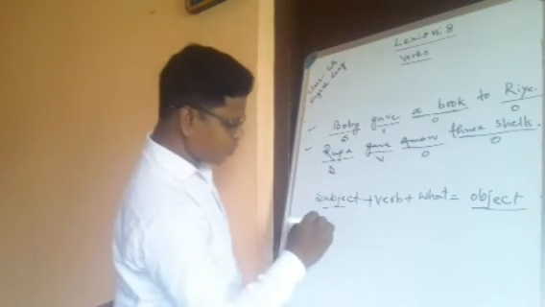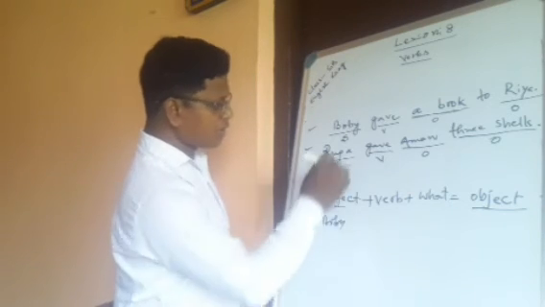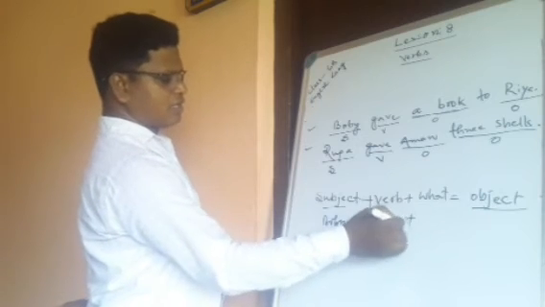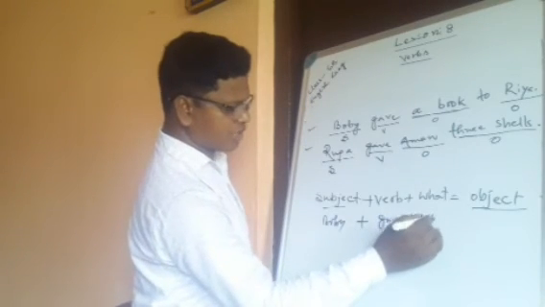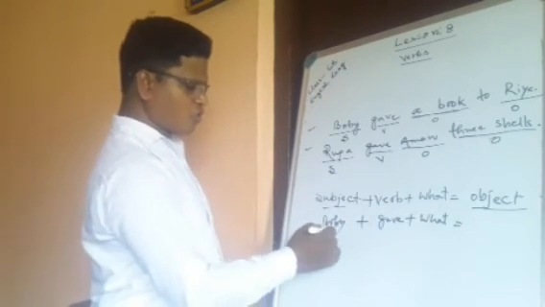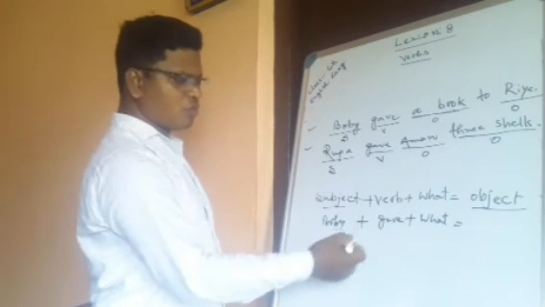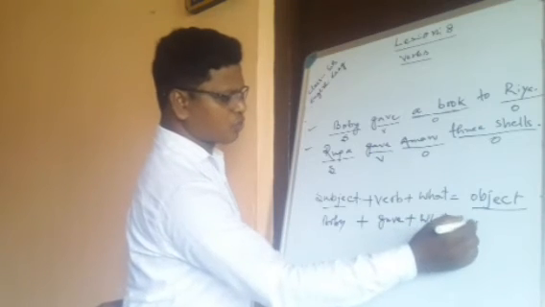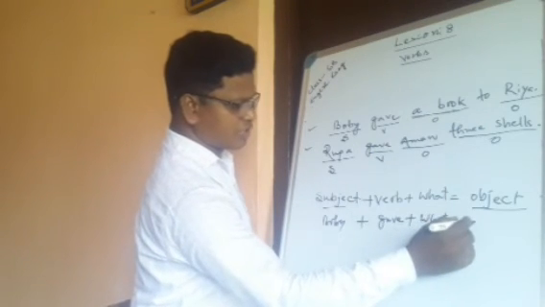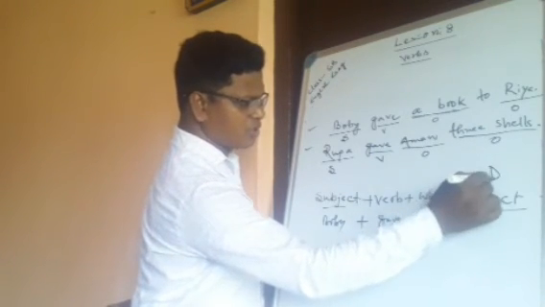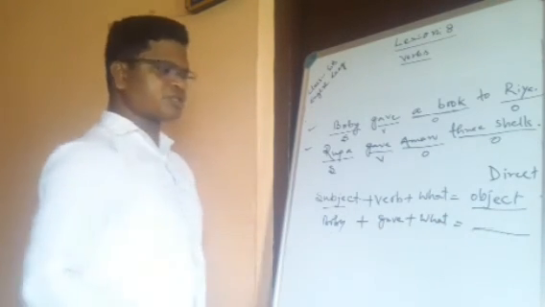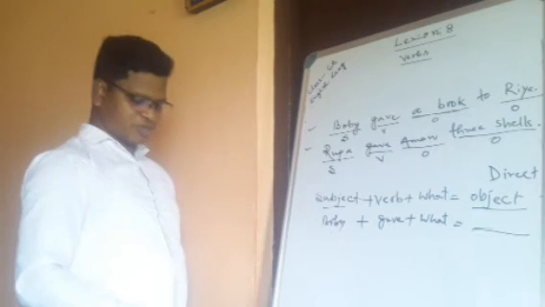Bobby. Bobby is the subject, and the verb is gave, and then you place this WH word here. So, Bobby gave what? A book, isn't it? Bobby gave what? A book. So you get a direct object. The answer that you get will be the direct object.